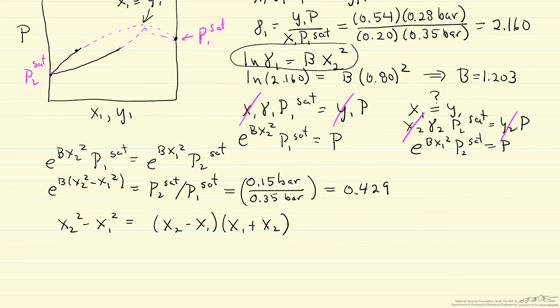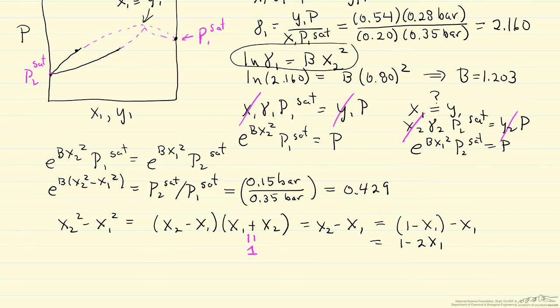And of course, x1 plus x2 is equal to 1. So this is just x2 minus x1. But I can write this in terms of x1, since x2 is 1 minus x1, minus x1. So this is 1 minus 2x1.